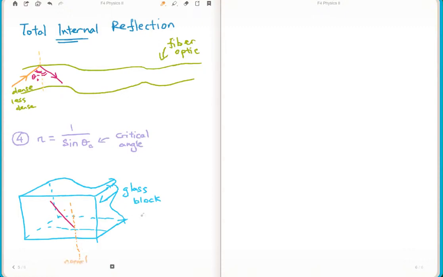You tilt the angle of the incident ray inside the glass away from the normal. What happens? The ray will not come down here, but instead it will go out along the surface, forming 90 degrees from the normal line. When this happens, your incident angle is called the critical angle.